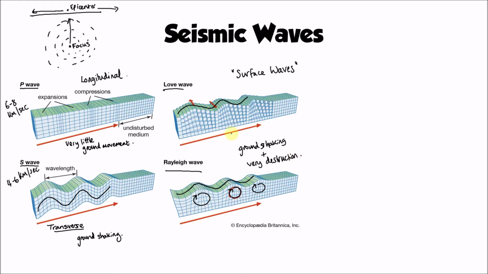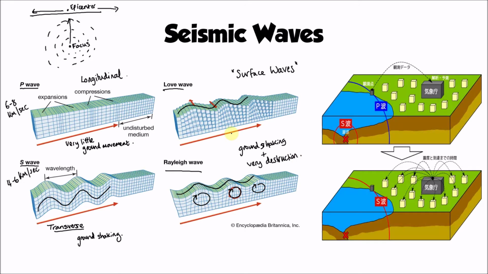Now we can use the characteristics of P and S waves to help us in the early warning systems that we might use ahead of an earthquake. You can think about P and S waves as a little bit like a firework, or possibly thunder and lightning, whereby both the sound and light energy are released at the same time.